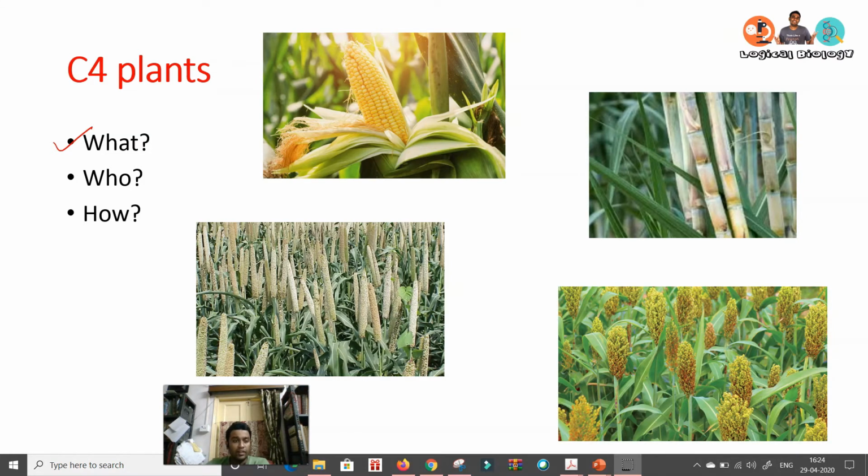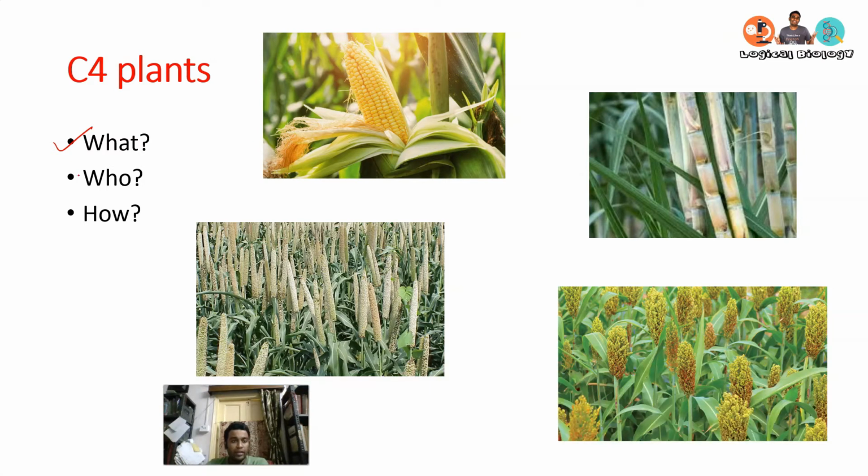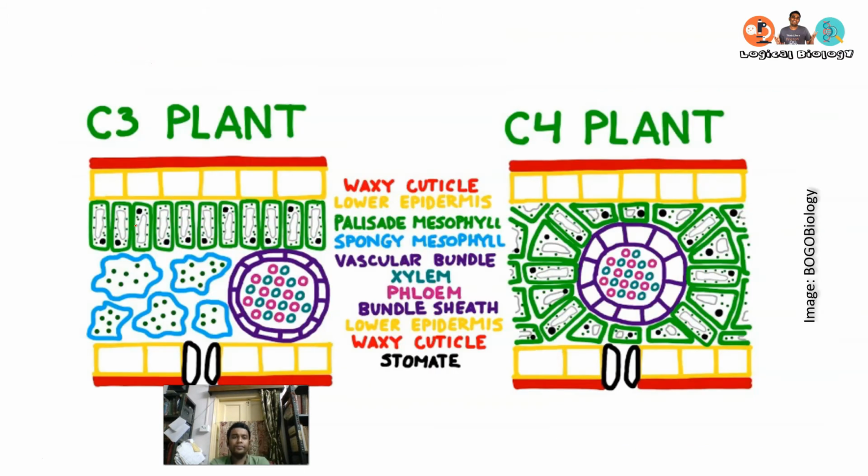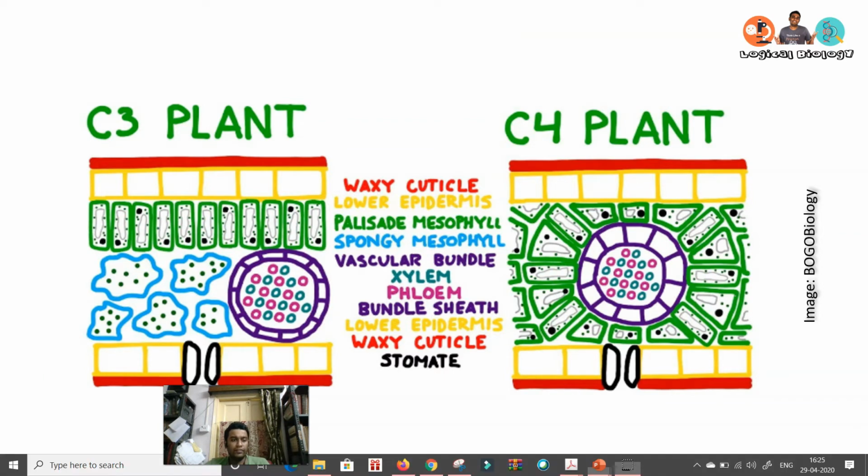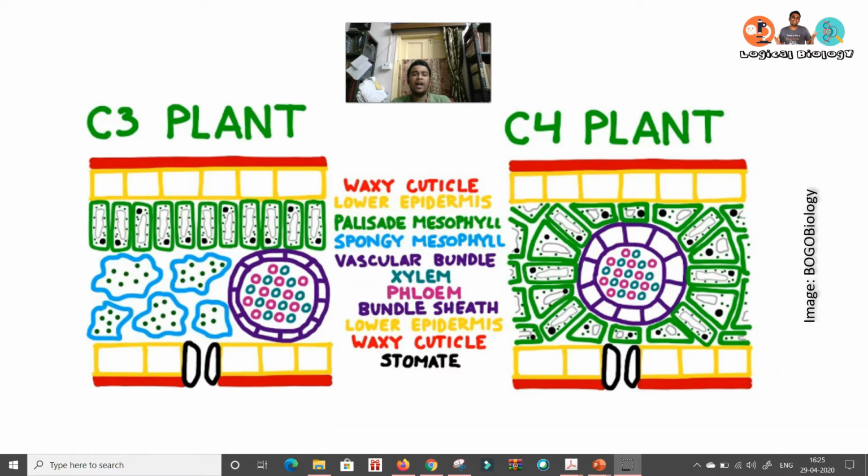Now the question is, fine, we have understood who all are in the C4 plants category, but why are we actually talking about how special the photosynthesis reaction in C4 plants is, right? Understand one thing. If you remember, we talked about the normal process that we have seen in the C3 cycle, that is the dark reaction, the Calvin cycle.